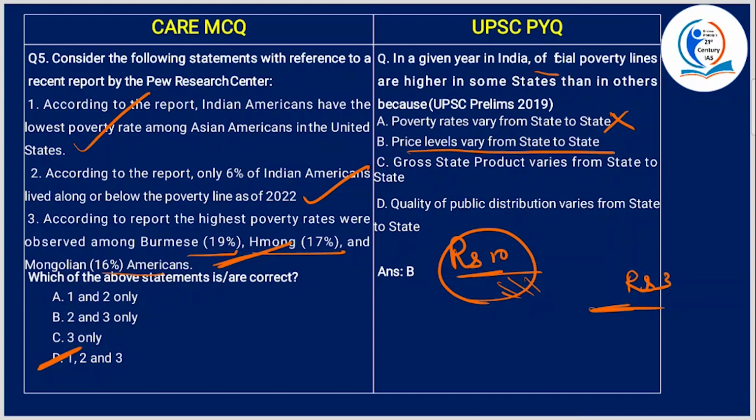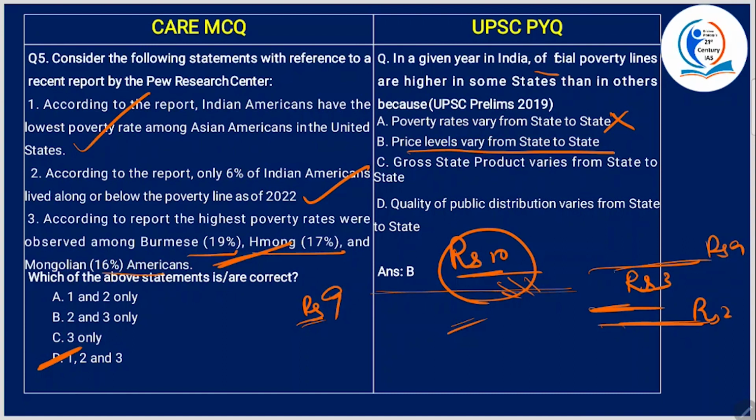Okay, and in Delhi, even if the poverty line is at rupees 9, that fellow will be poor. But in Bihar, if the poverty line is at rupees 2, he will be poor. If it is at rupees 9, what will happen?